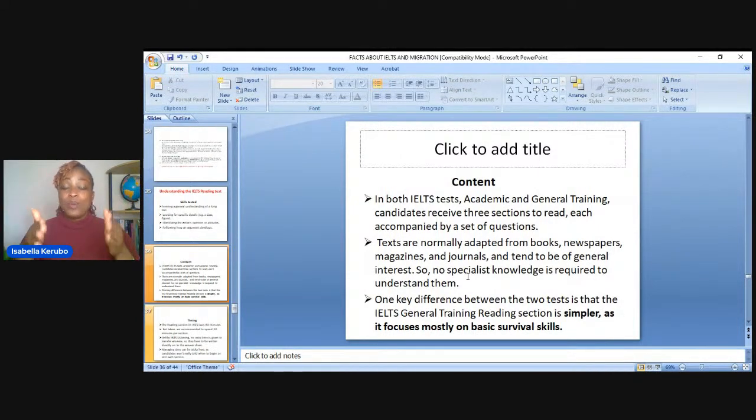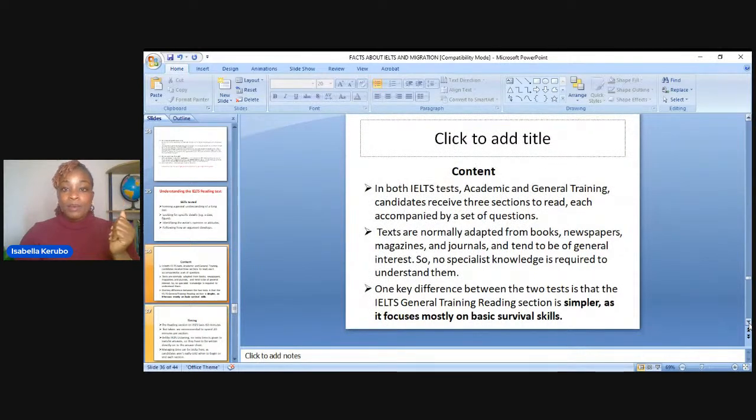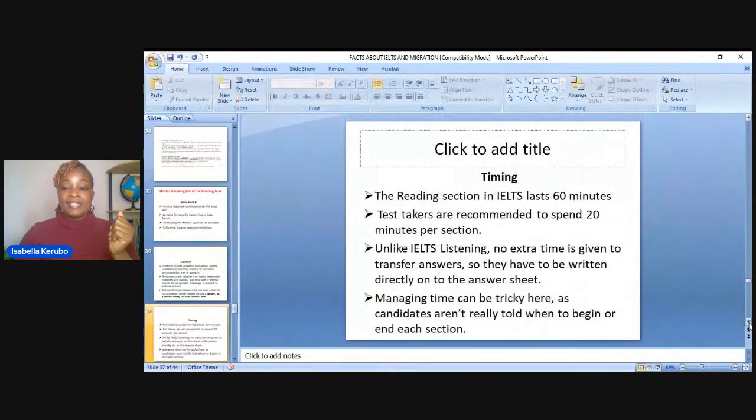So this is where those differences play a role. The reading test is where those differences play a part. All right? So that is all you need to understand about the content in the IELTS reading test.